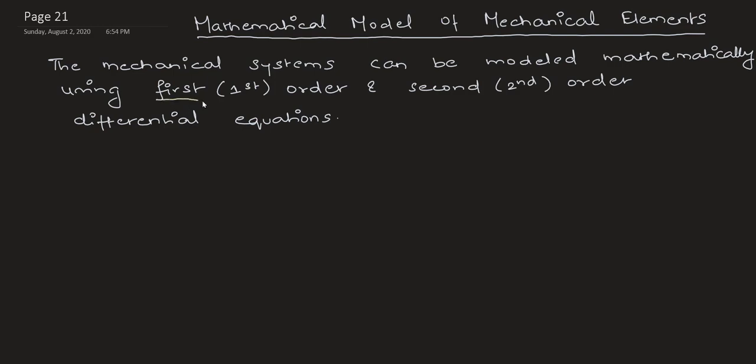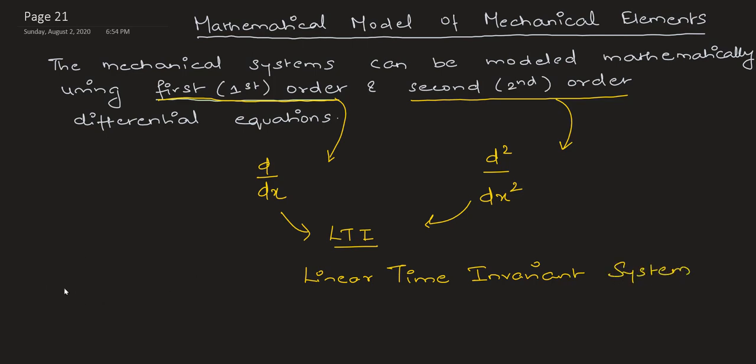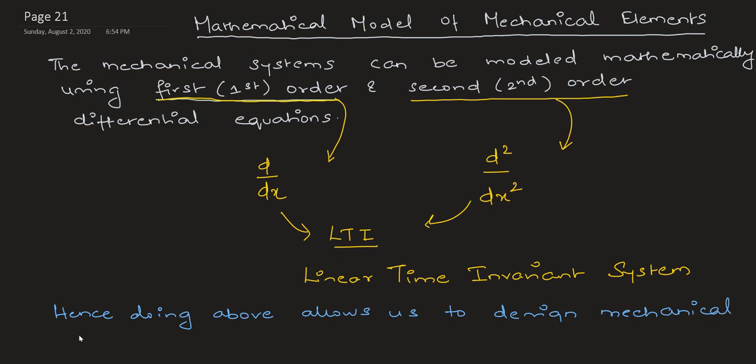The first order and second order differential equations are linear and are LTI. So we are using them because they satisfy this LTI condition of ours. So my first order differential equation is d by dx and my second order differential equation is given by d square by dx square. And now what I am going to do is write the mechanical elements using these differential equations. So let's see how we do those.